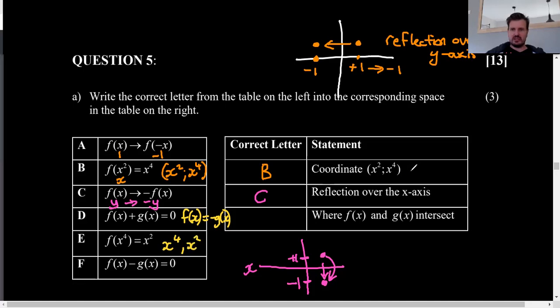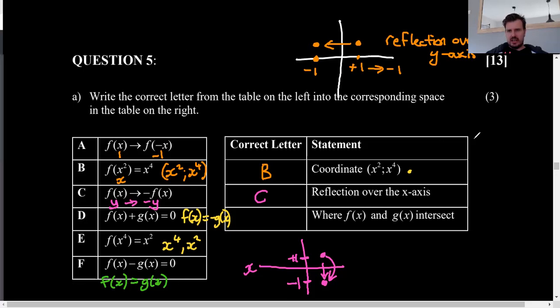So it's similar to B, but notice the coordinates are switched. So E was a trick question to maybe confuse you into thinking that it would have been that one. And then the last one, F: if we took minus g of x to the other side, it would become g of x. So this is saying f of x equals g of x.